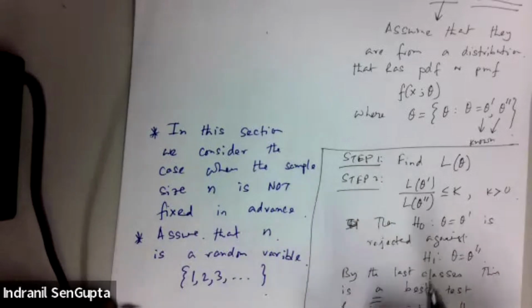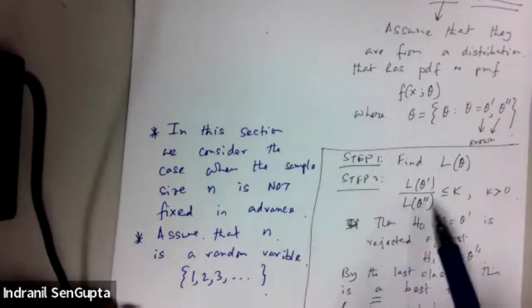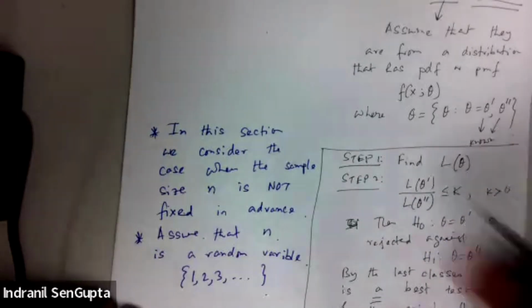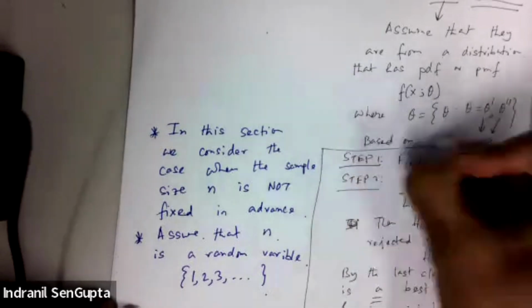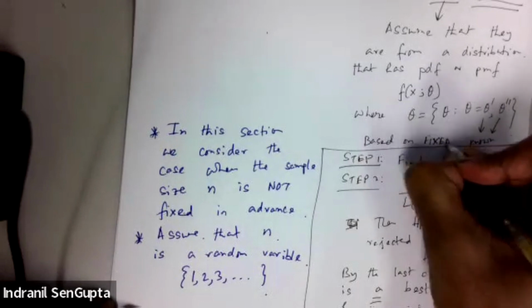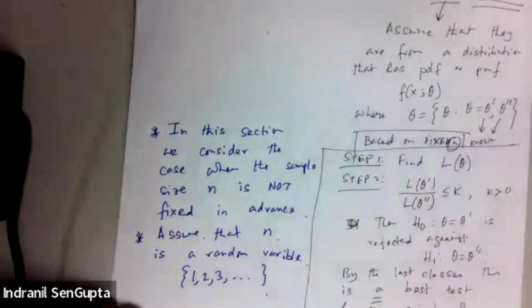Basically, your sample size is changing. So all these previous discussions are not really valid, because all these discussions are based on fixed values of n.